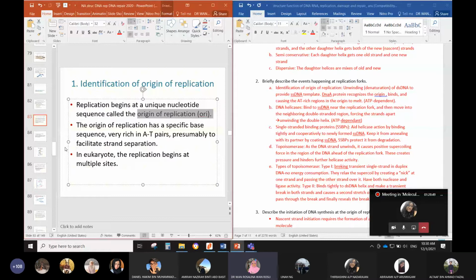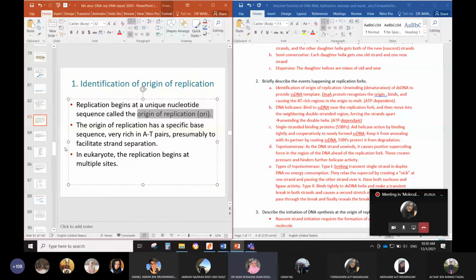This means that it is much harder to break the bonds between G and C. These are stronger bonds compared to A and T. So the AT rich regions would be easier to open up because they only have 2 bonds to break, as compared to a GC rich region, which is very strongly held together. So this origin of replication is very rich in AT pairs because it is easier to open up.